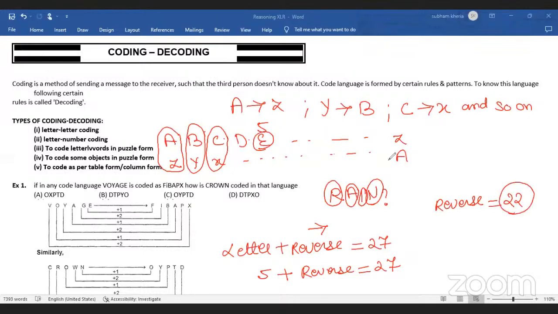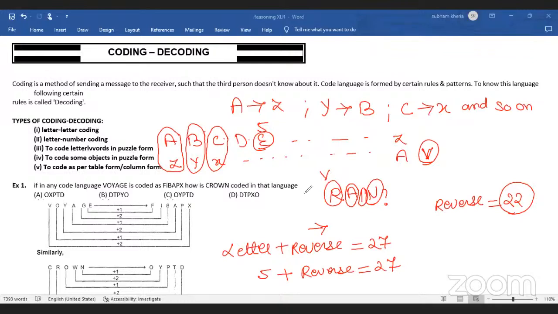Now, which letter has 22? That you can check. You will see V. Letter V has the code 22. So here, for R, the coding will be done as V.